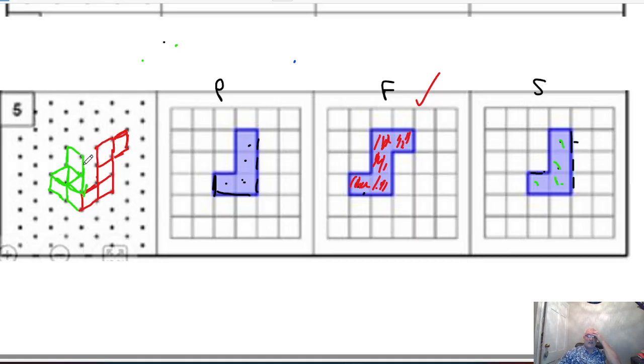Now again, you can see this is where it's going to start to go a little bit awry, because from the plan, what do I see? I can see this bottom square, okay, and I can see this one here, and I know there's going to be 2 on the top.